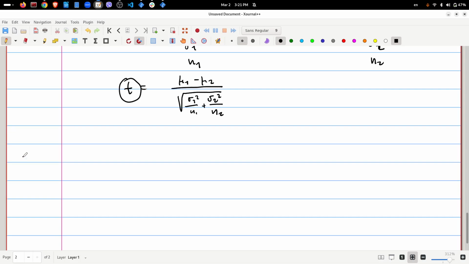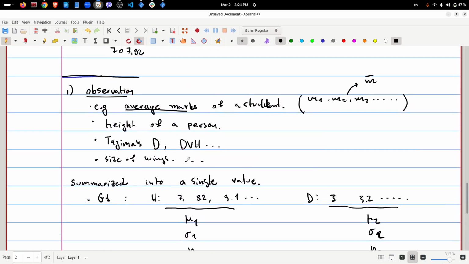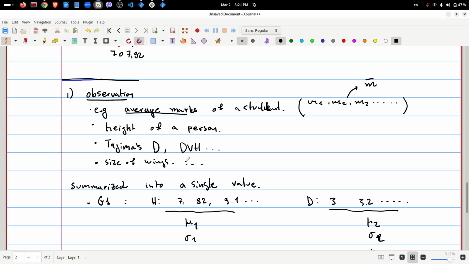The second thing that I need, besides my observation, is a theoretical distribution of my observation, or of the statistic that I have.